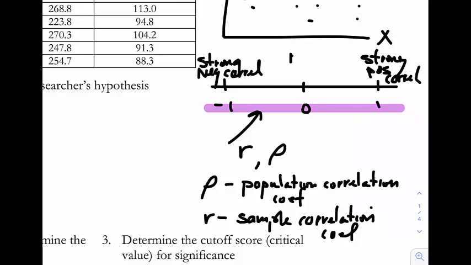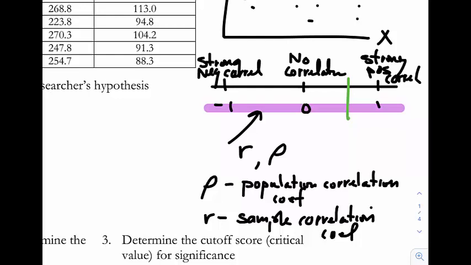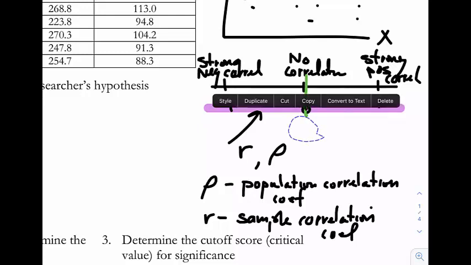Now, however, in the middle, 0 means no correlation. So in terms of rho and R, suppose that I had some sort of dividing point here. How close to +1 do you need to be in order to say that you have a positive correlation, or how close to -1 to say that you have a negative correlation? But in fact, if you're at 0, then you have no correlation at all.